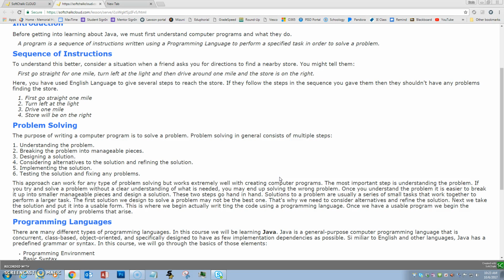Now, once we come up with a solution, we take that solution and we put it into a usable form. This is where we begin actually writing the code using a programming language. Once we have a usable program, we begin the testing and fixing of the problems that arise. So we're going to learn more about testing and fixing programs as we write our programs.